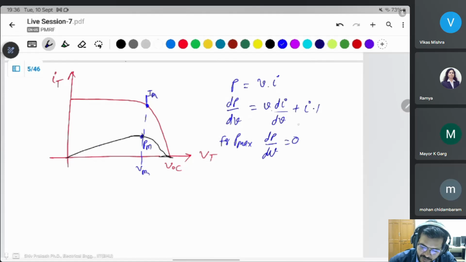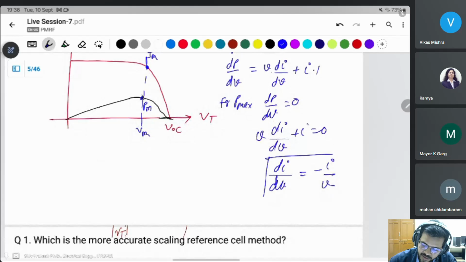Then you can calculate dI by dV here: V into dI by dV plus I is equal to 0. So dI by dV is equal to minus I by V. So what's happening here?